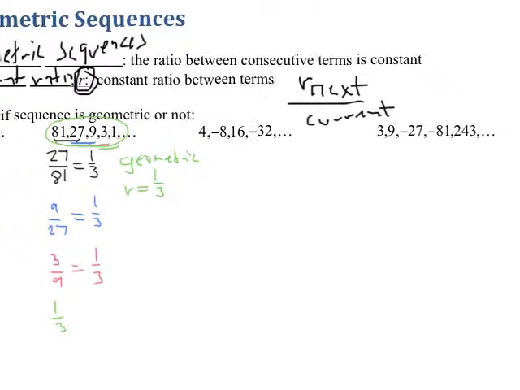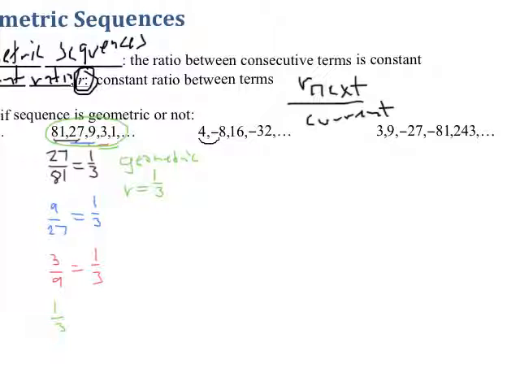In these next two examples, notice how there's some alternating signs every once in a while. That can happen with geometric sequences. That does not happen with arithmetic sequences. Let's look and see if there's something we can multiply each of these numbers by to get the next one. If I start with 4 and I double it, I get 8. If I take 4 and I multiply by -2, then I get -8.